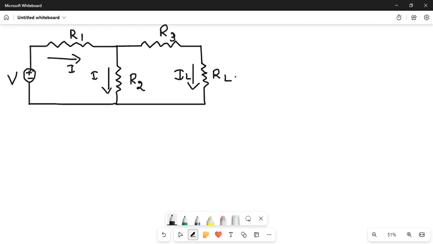Okay, so now let's come to this Thevenin's theorem part. So here it is. We wanted to find IL, the load current.